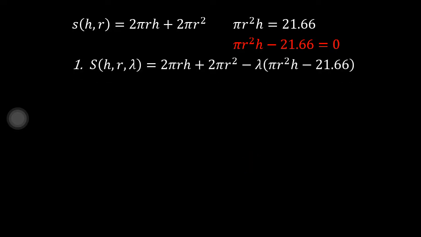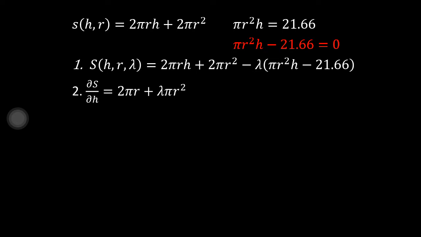So, solution, we form the Lagrange function S given by S of h, r, and lambda is equal to 2 pi rh plus 2 pi r squared minus lambda multiplied to the constraint pi r squared h minus 21.66.